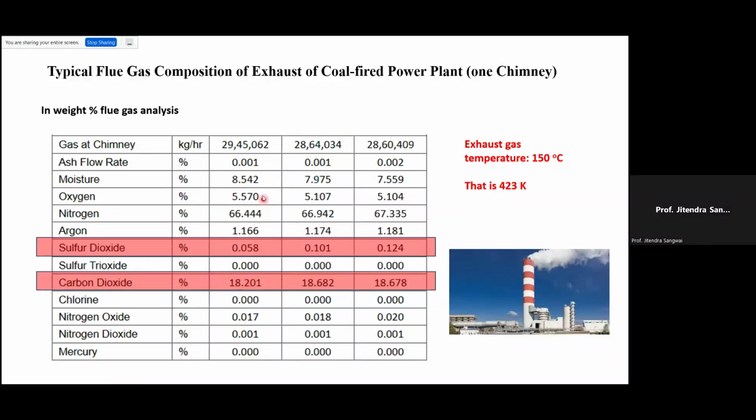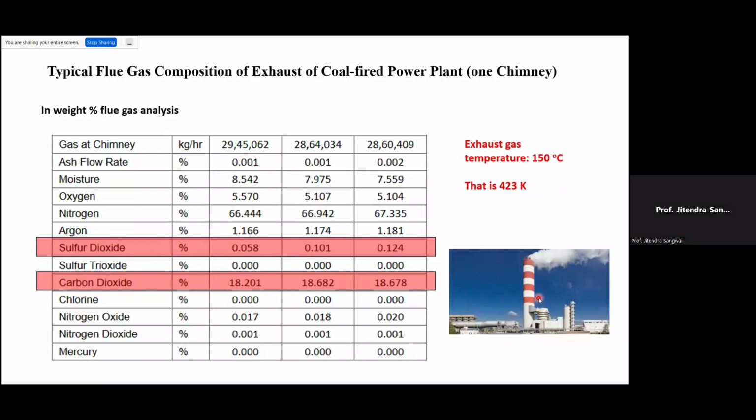Then you have a little bit of oxygen, moisture, and other gases like sulfur dioxide and sulfur trioxide. Though they are very small in amount, this small amount can be more problematic, even for the chimneys, right? Most of these chimneys actually work at high temperature to ensure that the sulfur dioxide does not deposit in the chimney.